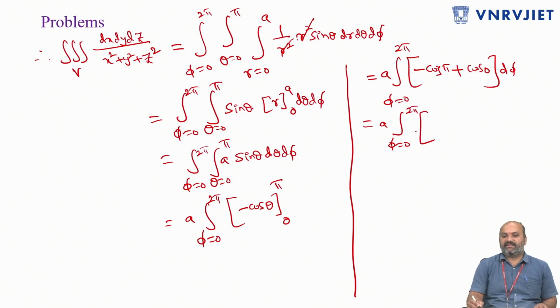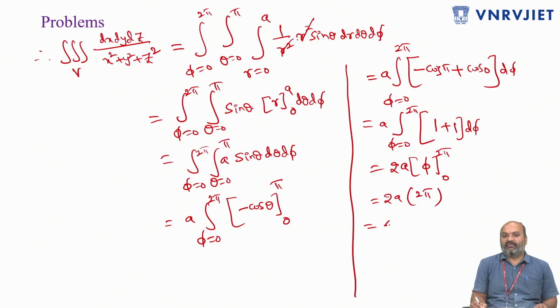Of course, we know cos π is minus 1, so minus 1 times minus gives plus 1, plus cos 0, which is plus 1, dφ. So 1 plus 1 is 2, which can be written outside of the integral. The integral of 1 dφ is φ, with upper limit 2π and lower limit 0. That is 2a times 2π minus 0, which is 2π. Therefore, it is 4πa.